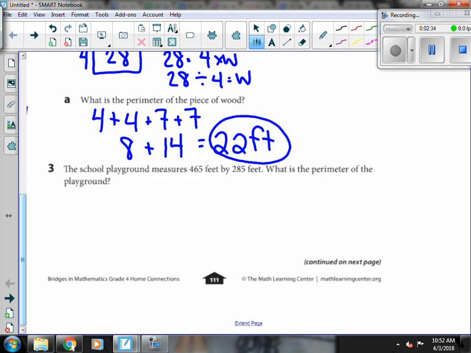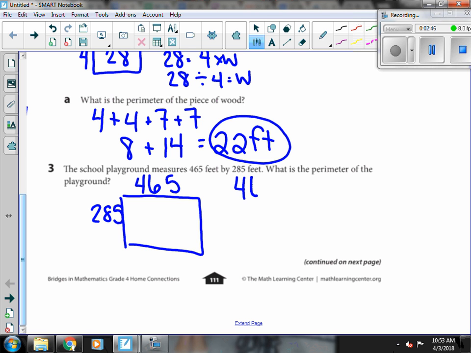The school playground measures 465 feet by 285 feet. What is the perimeter? So I want to add up those sides. So 465, I'm going to say times 2 so I get the top and the bottom.